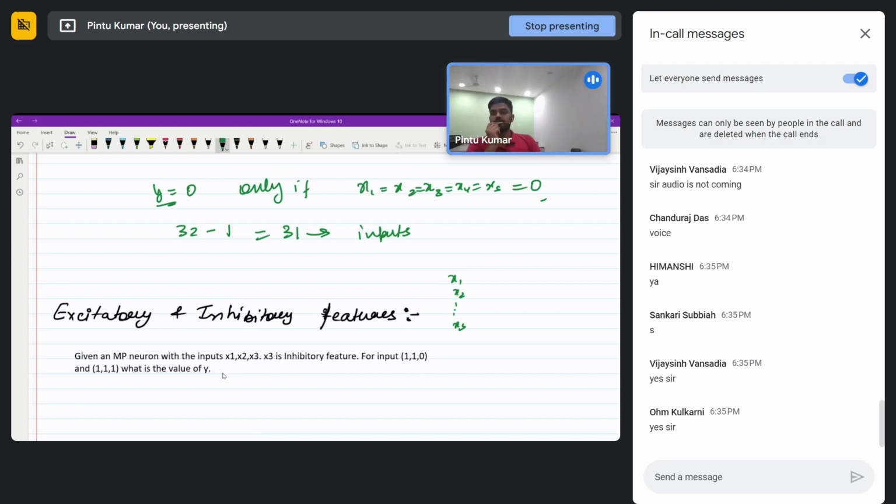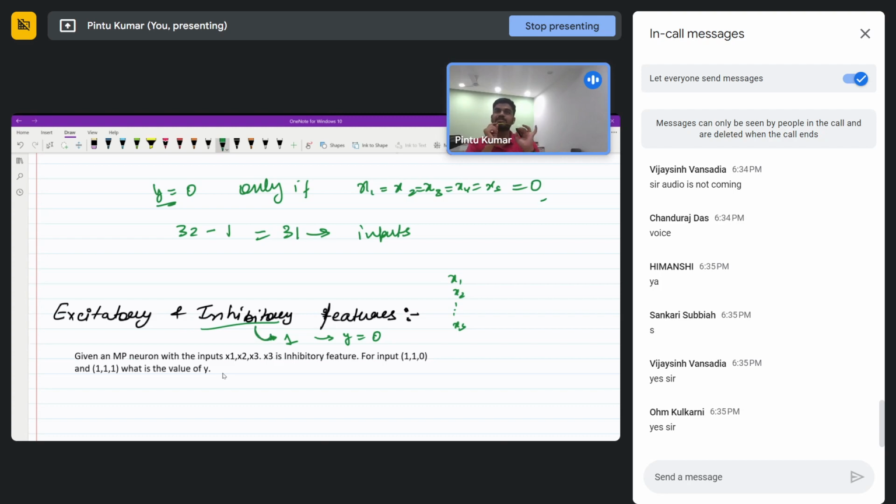It can be either inhibitory or excitatory. What inhibitory features mean is, if my inhibitory feature is positive, then my y will always be 0. No matter what other features are, if my inhibitory feature is 1, then my y is 0.